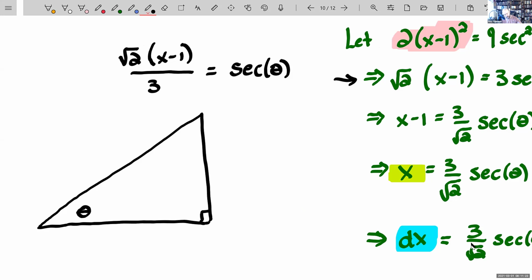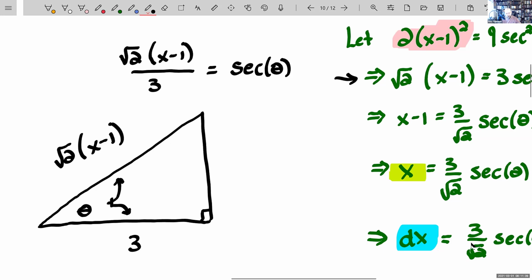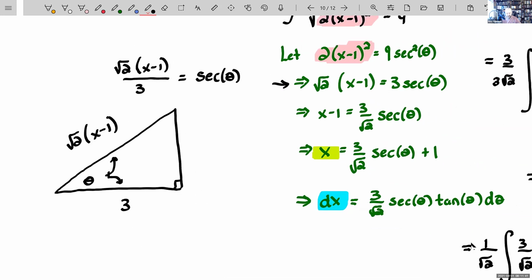I always draw them as if they're in quadrant 1, even though they don't have to be. Here's theta. The secant is hypotenuse over adjacent. Hypotenuse, therefore, must be root 2 times x minus 1. That's supposed to be a 1. And adjacent must therefore be 3. Now you would use the Pythagorean theorem to figure out what this missing side is.